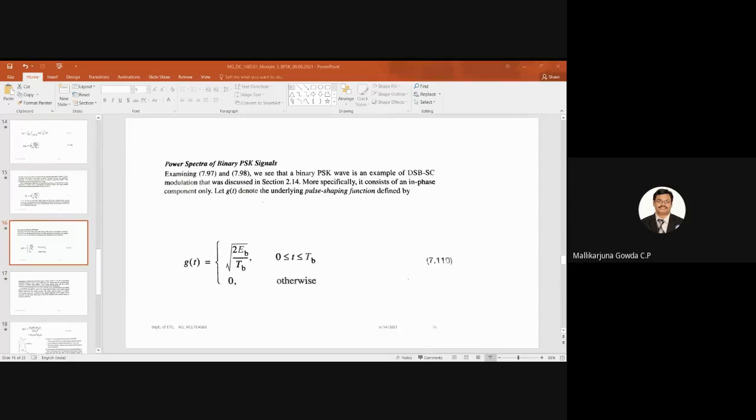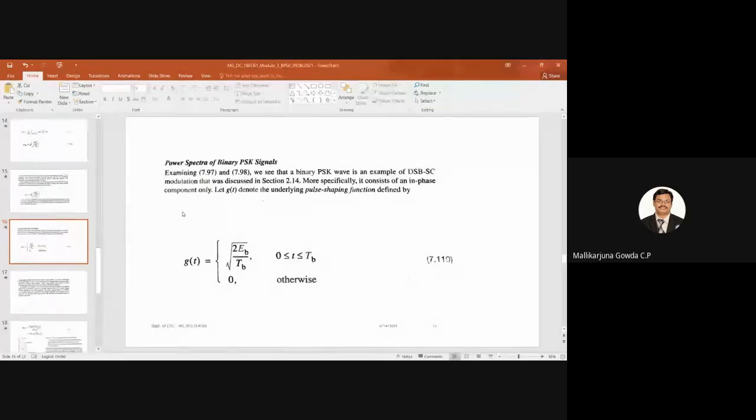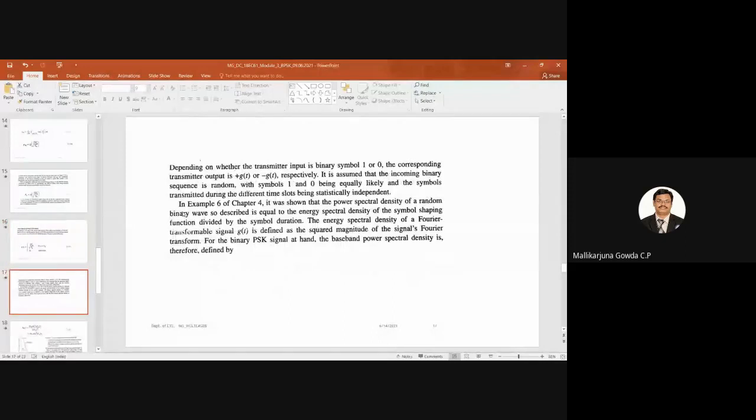Depending upon whether it is symbol 1 or symbol 0, if it is symbol 1, I represent this by plus g of t. If it is symbol 0, I represent this by minus g of t. That means for symbol 1 it will be plus root of 2 Eb by Tb, and for symbol 0 it will be minus root of 2 Eb by Tb. That one only is told here.